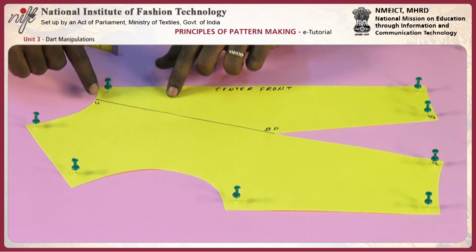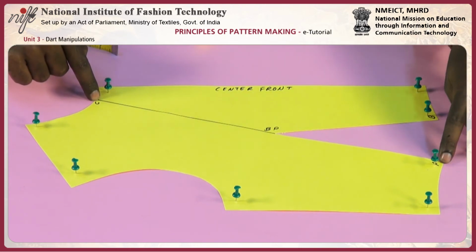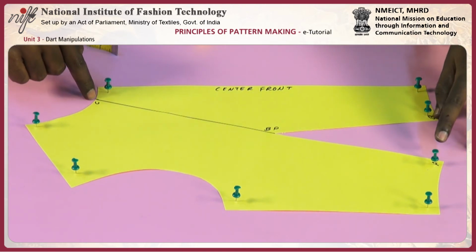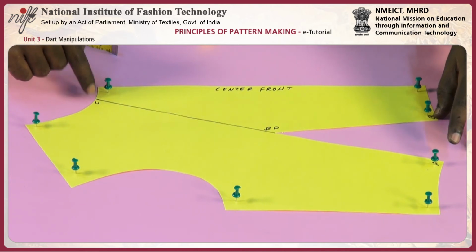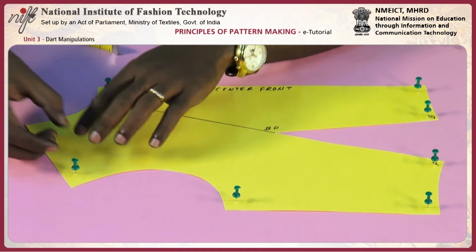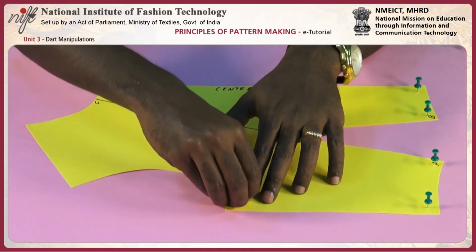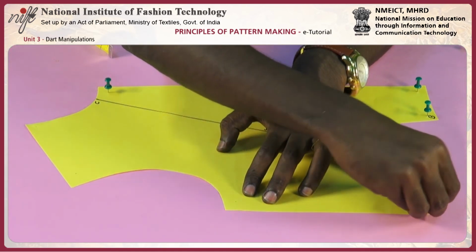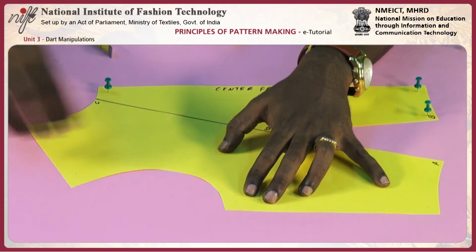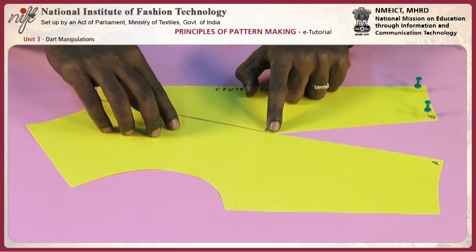Now by closing A to B, we are going to open C, thus make neckline dot. Pivot at the bust point.